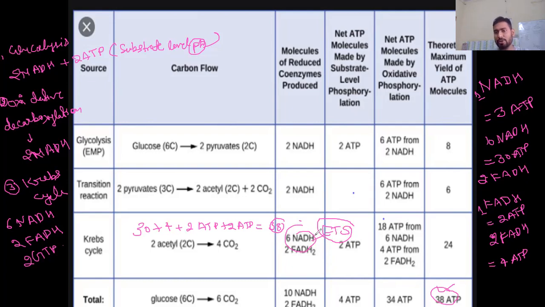When NADH molecules enter, they give up their electrons for oxidation. That means this will produce water molecules and protons. The protons move into the intermembrane space, and then come back into the matrix, and through the chemiosmotic hypothesis, they produce ATP molecules.